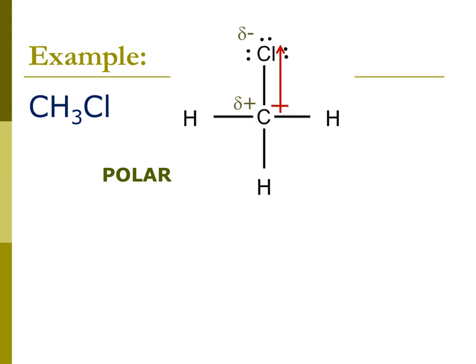In our last example, we have CH3Cl, meaning one of the attachments is different from the others. This means that the polarities may not evenly cancel out. Now, technically speaking, hydrogen is less electronegative than carbon, so this bond polarity would be going from the hydrogens into the carbon.